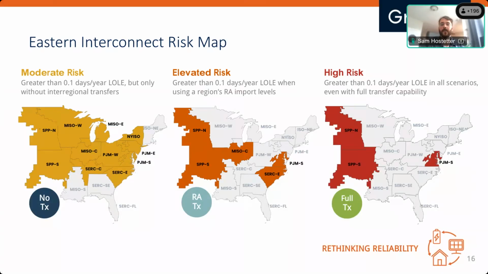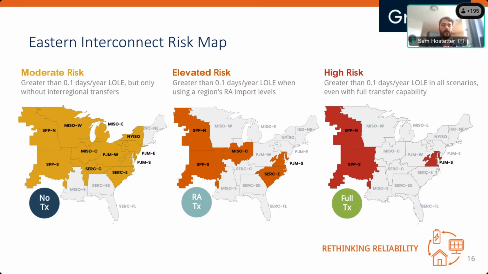Beginning on the left, all of the regions colored in yellow exhibited moderate risk, greater than 0.1 days in the no transmission scenario. This was our most restrictive transmission scenario. Most of the regions were treated as energy islands, as Derek had mentioned earlier.